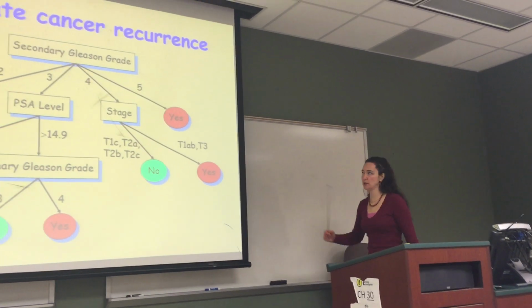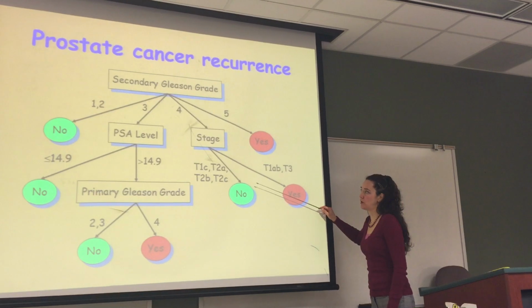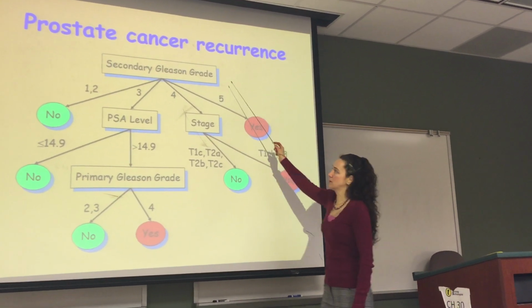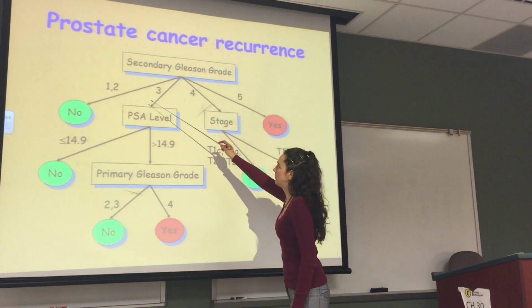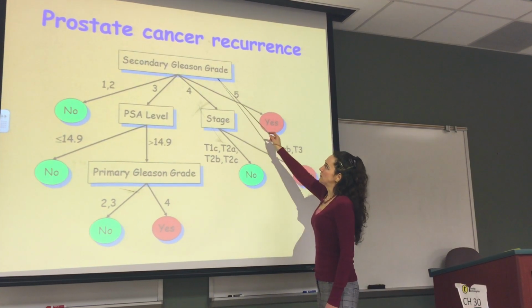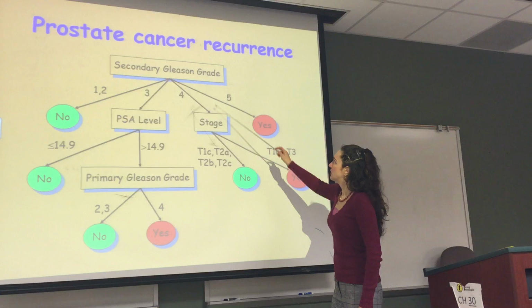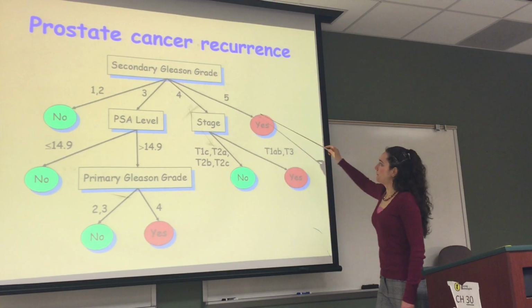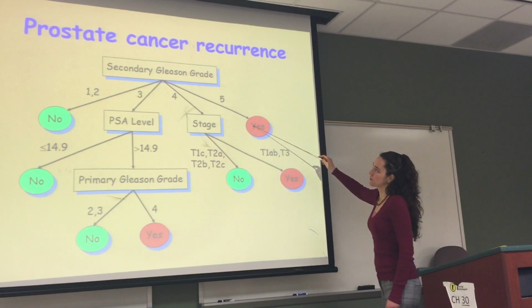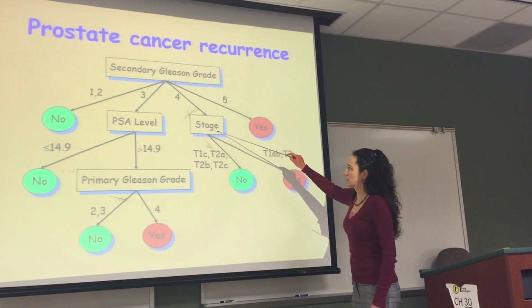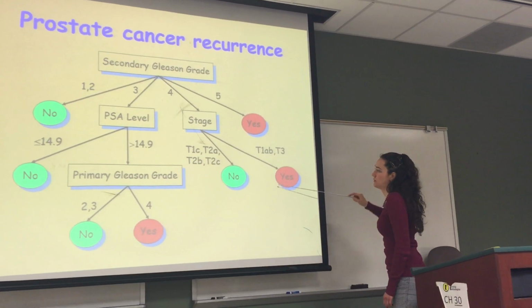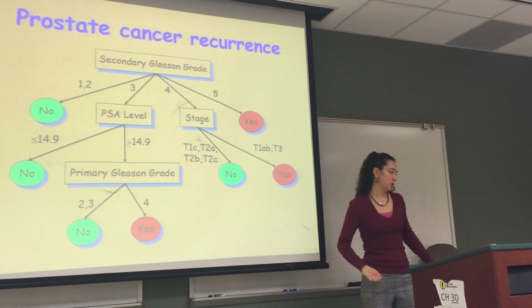Whether the prostate cancer will reoccur, yes or no. Again, we're just looking at some attributes, splitting the tree. So secondary Gleason grade, PSA level, stage. If this is 5, then yes. If it's 4, we have to check the stage attribute and some other values in order to make the decision.